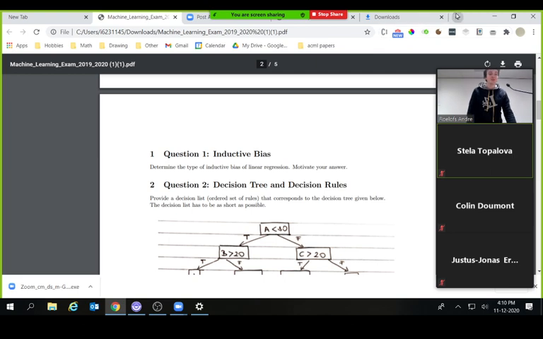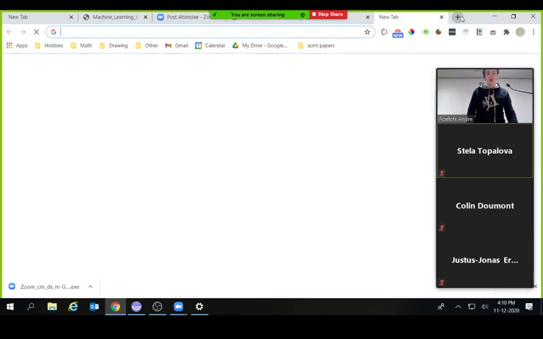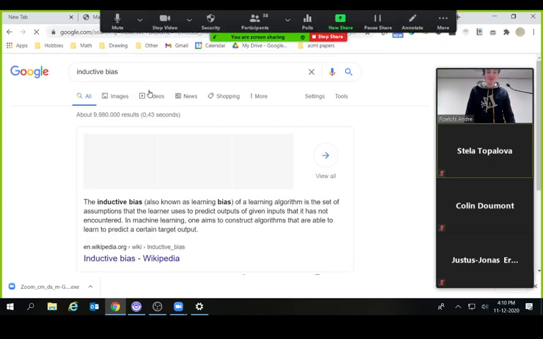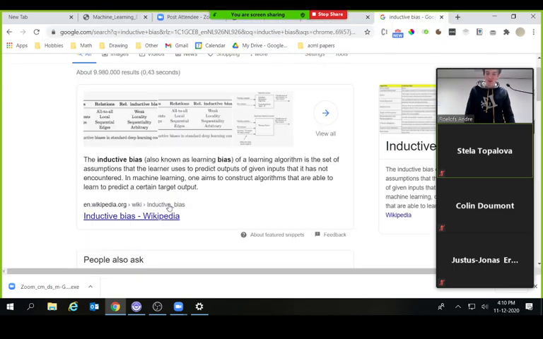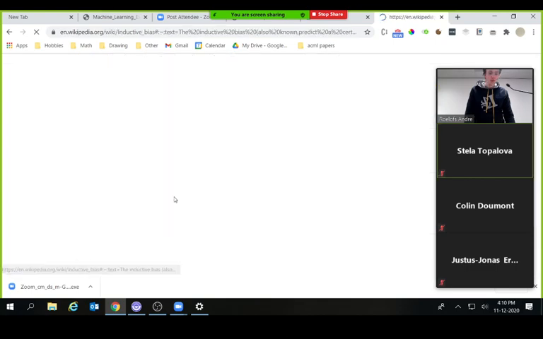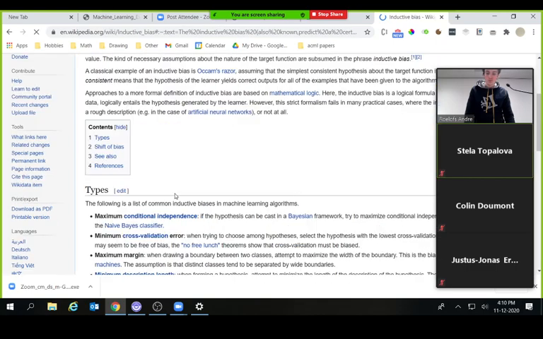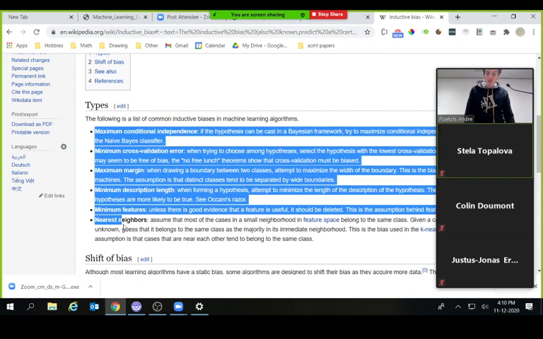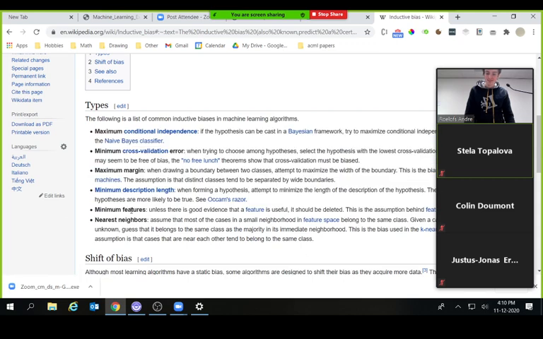I actually don't know the second type of inductive bias. Inductive bias in machine learning. I actually have to look it up. What's the second type of inductive bias? There are actually 6 types. Yeah, choose which one.